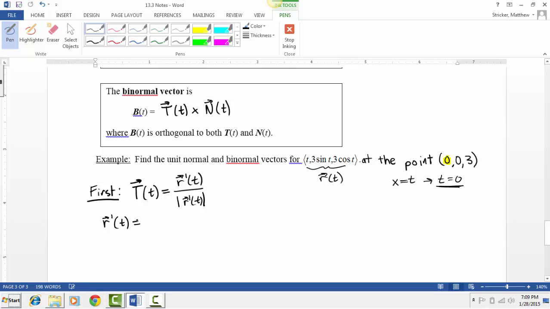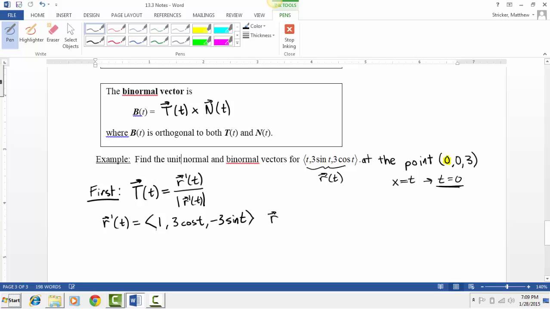So r prime of t is going to be 1, 3 cosine t, and minus 3 sine t. And since we want to find all these things at 0, it would be beneficial to know what r prime of 0 is as well.